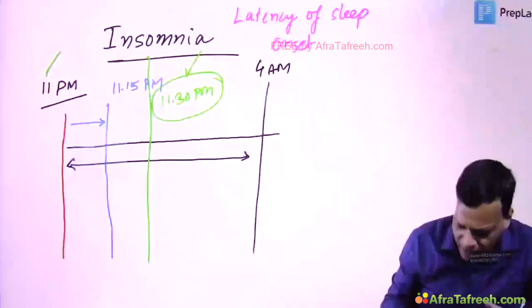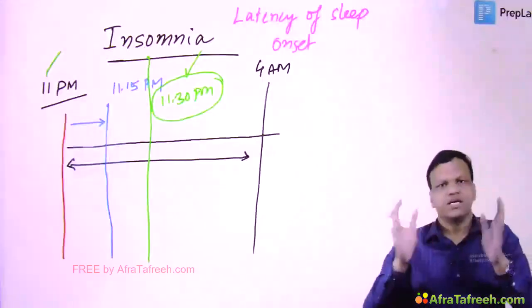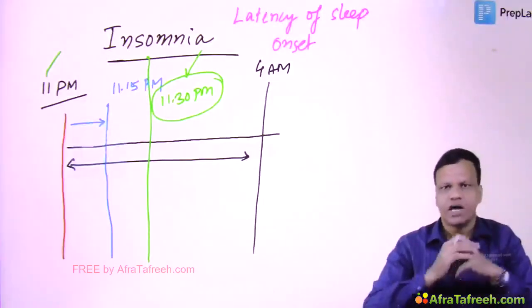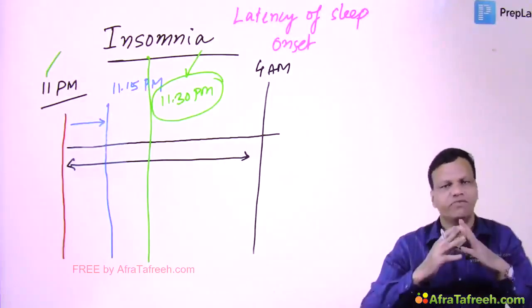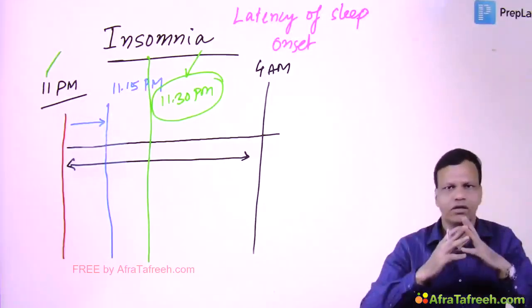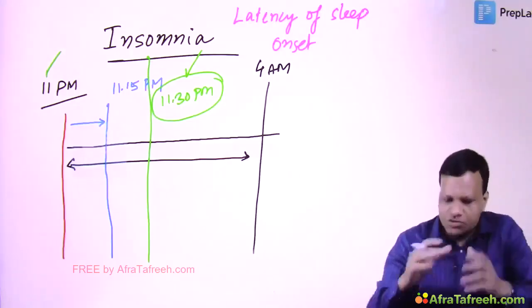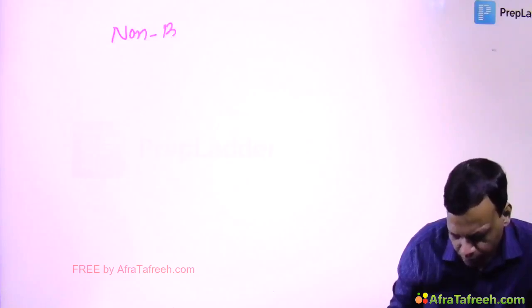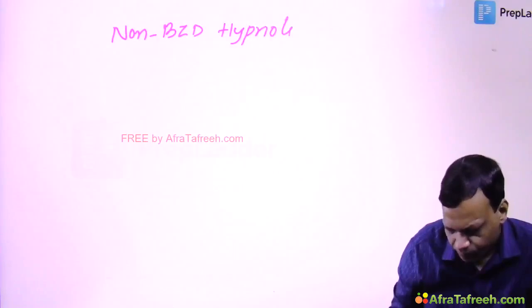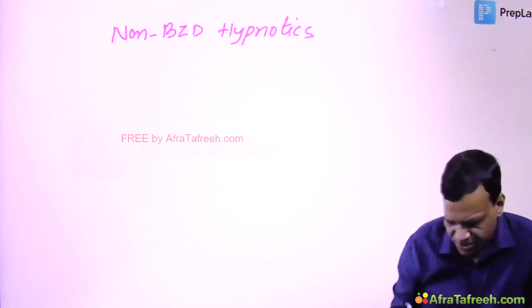So we want a drug which reduces the latency of sleep onset without affecting the quality. Even if it does not increase the quantity, we are okay, but it should not compromise the quality. So in search of such a drug, we came to a group of drugs called non-benzodiazepine hypnotics.